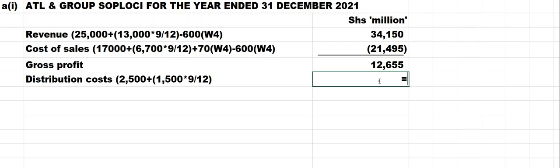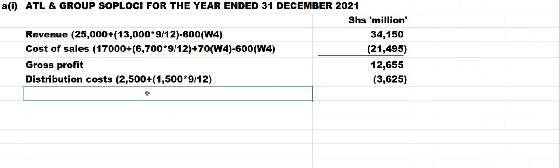So this is 2,500 plus 1,500, but times 9 out of 12, which gives us 3,625. That's the distribution costs. Then administration costs.